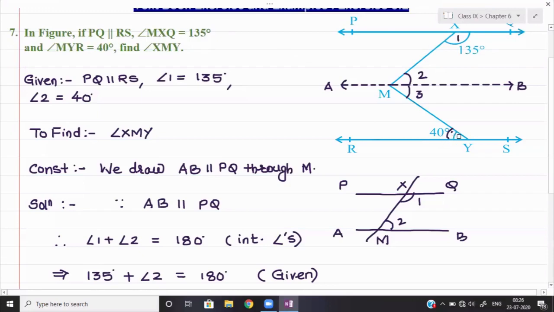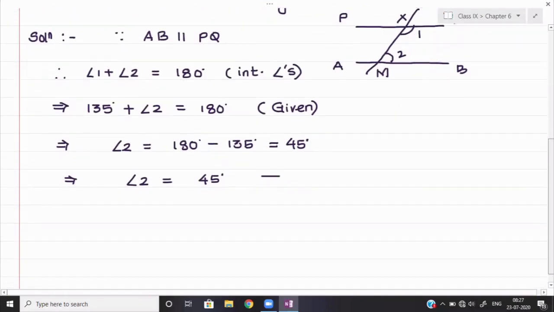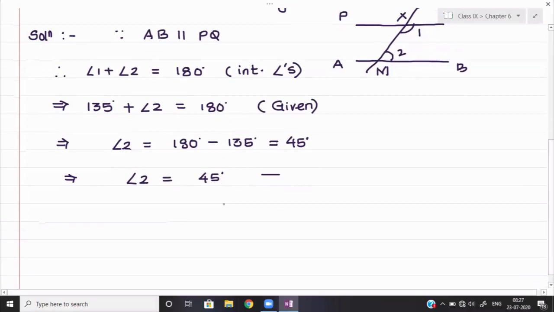So this angle we can mention as angle number 4. Don't be confused. Now you see, I have taken the angle 1 and angle 2 relation and found the value of angle 2. By mistake I gave angle 2 two times over there. So this will be my equation number 1.